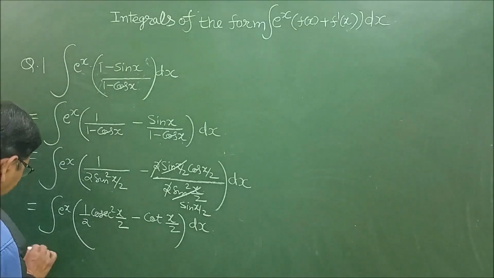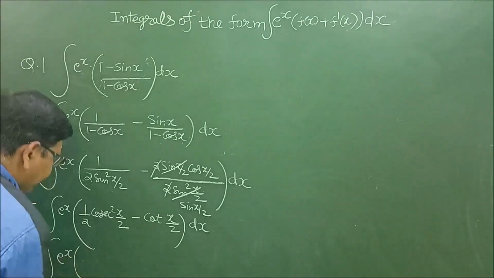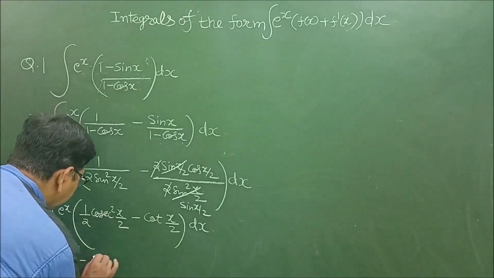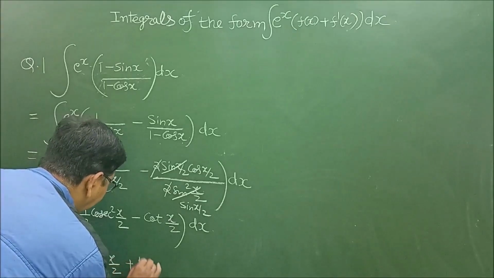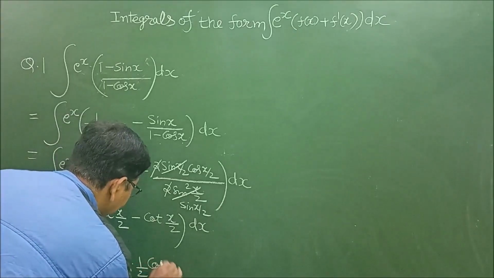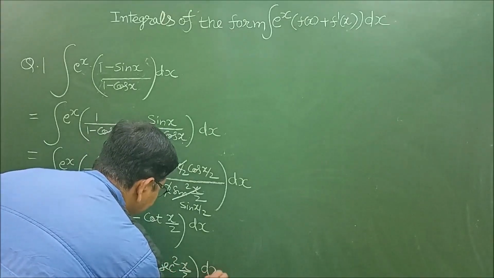Now this is equal to integral of e raised to the power x, rearranging these terms, minus cot x by 2 plus half cosec square x by 2 dx.